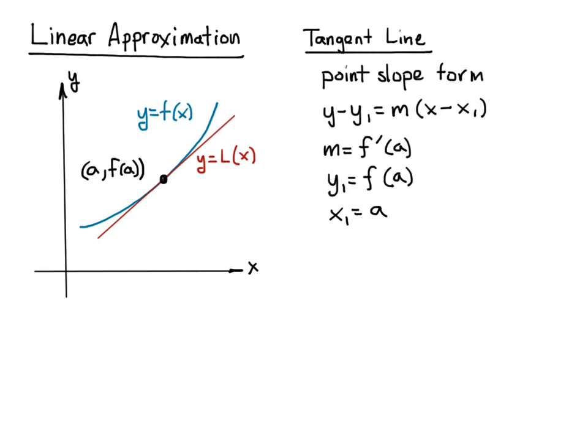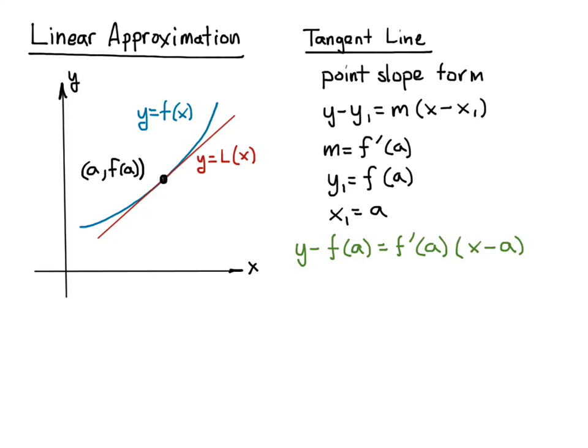And x1 is just going to be a, which is my value that I'm starting from. So if I make the substitution into my point-slope form equation at the top, I just get this. There's nothing tricky about this. It's just substituting m, y1, and x1 and putting in either the function, the derivative, or the value of a itself.